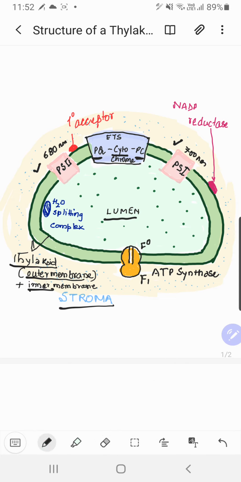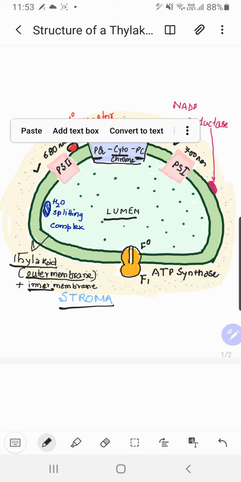So again we are taking a recap. Two photosystems expressing the non-cyclic photophosphorylation in the membrane of the thylakoid, and in the center is the electron transport system that contains PQ, cytochrome, and PC, right? Understand, children, that here PQ is the hydrogen acceptor. You also have to notice that I have drawn this small red dot just for differentiation.